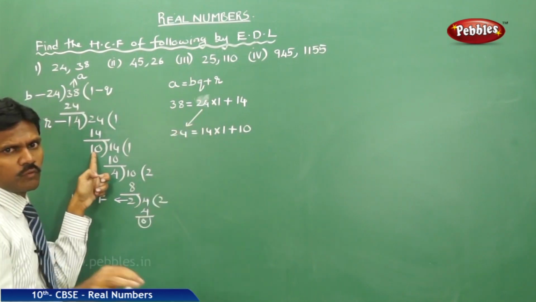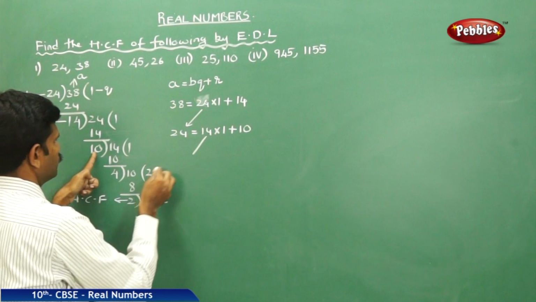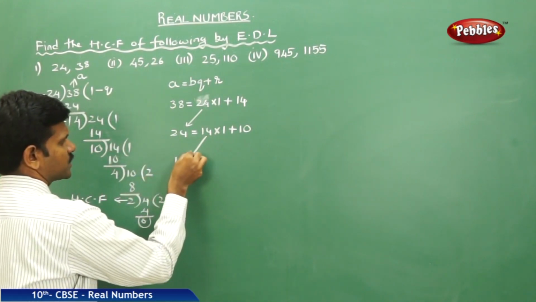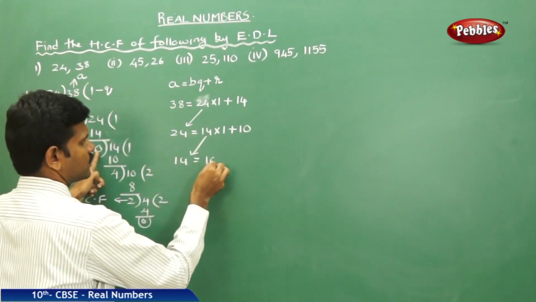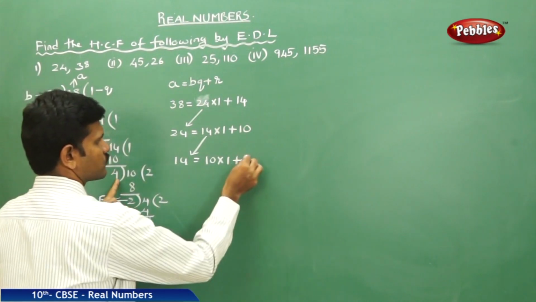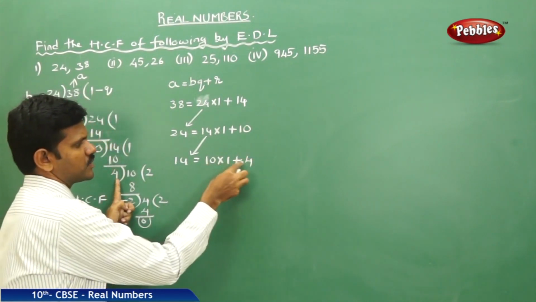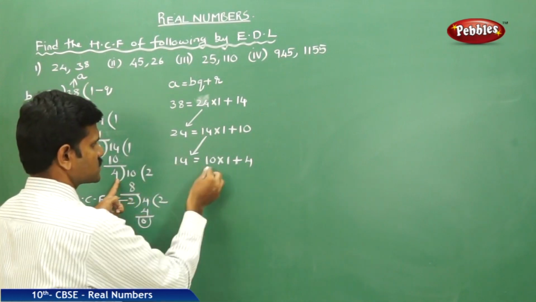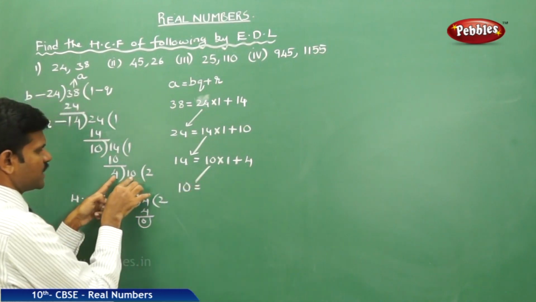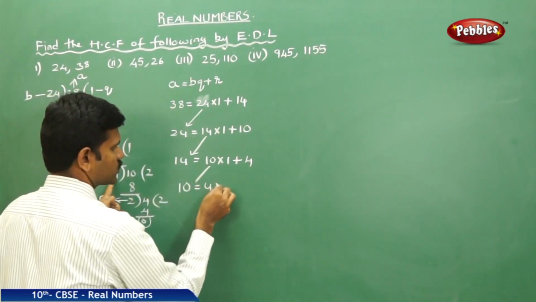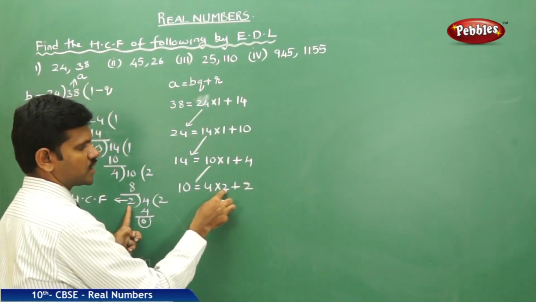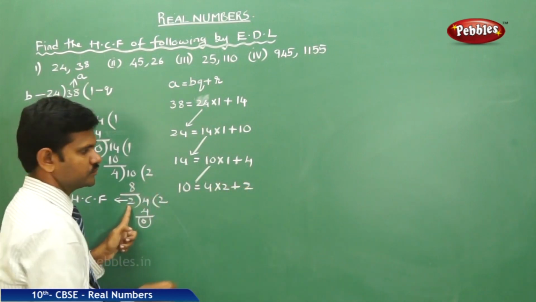In the next step, what is your new dividend? 14 is your new dividend. 14 breaks down into 10 × 1 plus remainder 4. 10 ones are 10, plus 4, 14. Next, your new dividend is 10. 10 is written as 4 × 2 plus remainder 2. 4 twos are 8, 8 plus 2, 10.